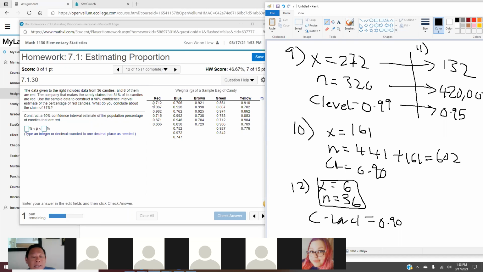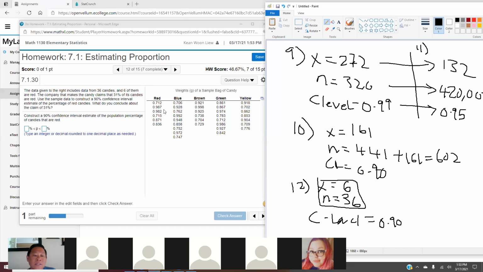Are these numbers, 0.712, 0.921, important? No, because that's weight. We are talking about colors, not weight. So how many red candies in this bag? There are only 6.